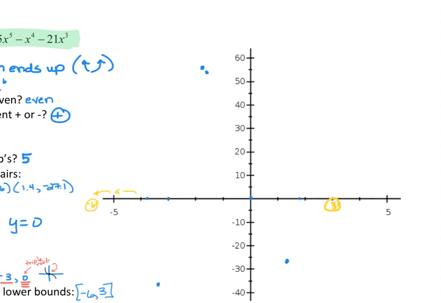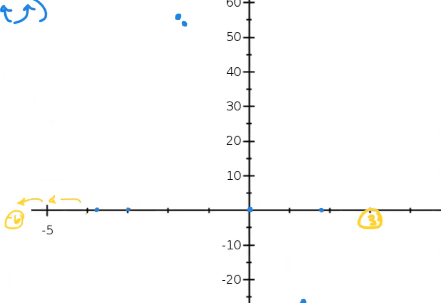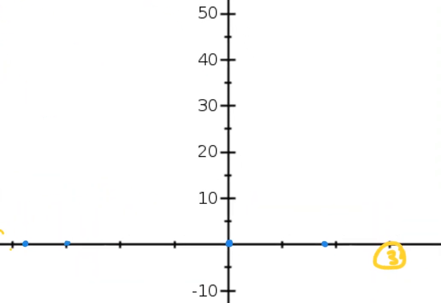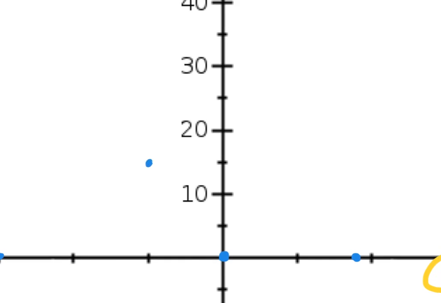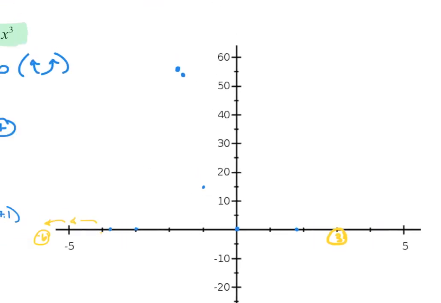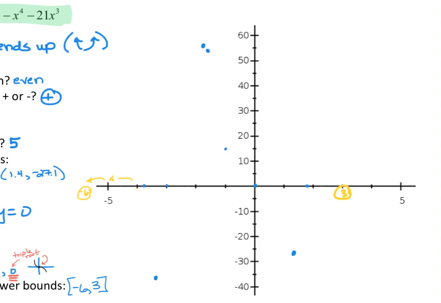And -116, I can also graph. -116 would be right about there. And then I've already got 0, 0 graphed.